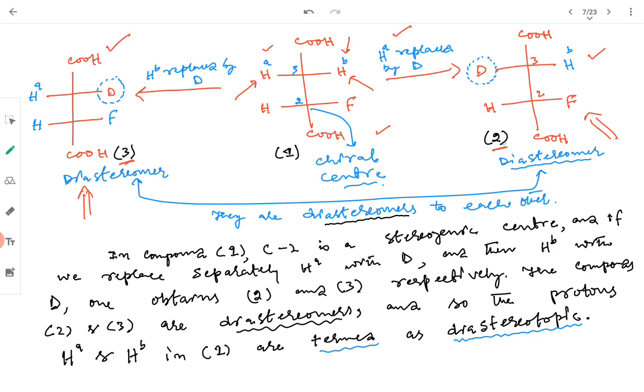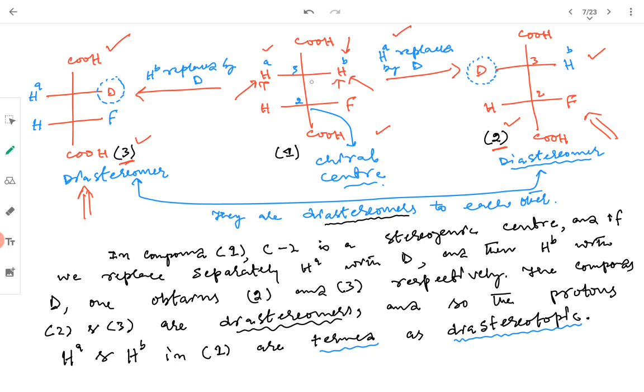So this stereoisomer and this stereoisomer are diastereomers of each other. How have they been formed? They have been formed by replacing these hydrogens Ha and Hb.